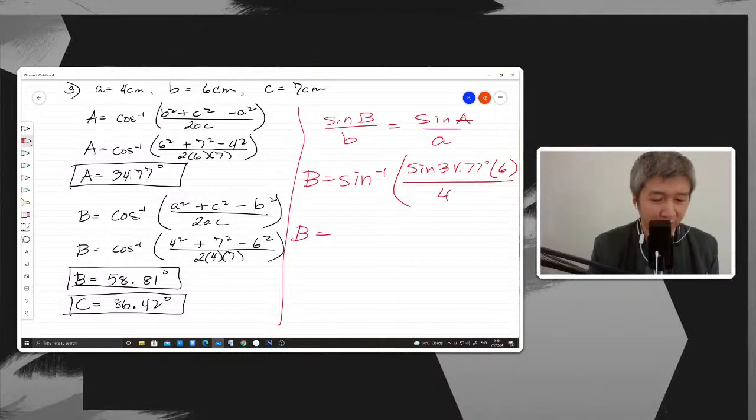Let's try if I can have the same answer. If not, then let's really focus on whether it's sine law or cosine law, or there's a little bit of difference. 58.81, yes.